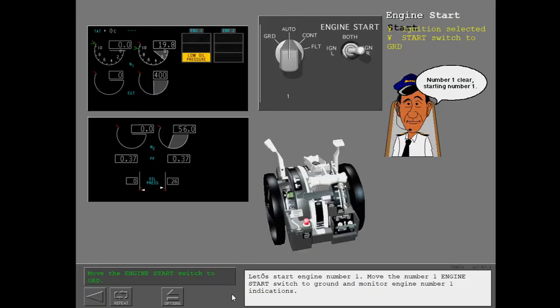Let's start engine number 1. Move the number 1 engine start switch to ground and monitor engine number 1 indications.